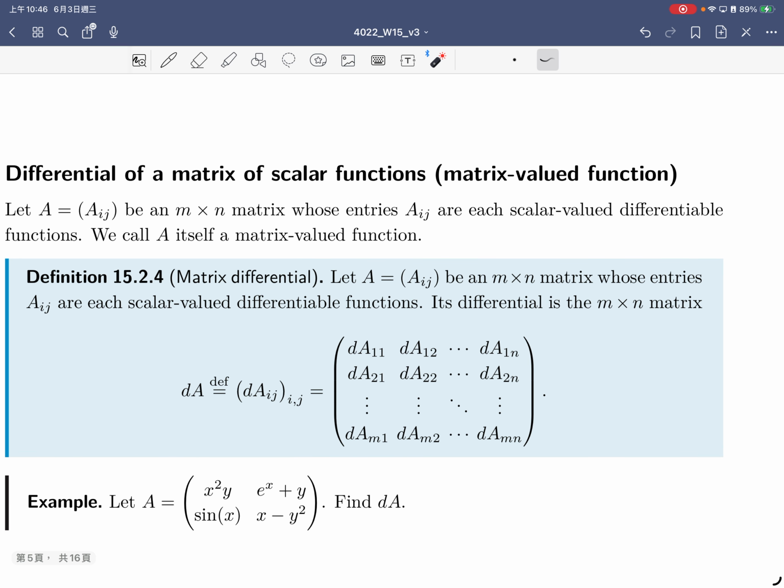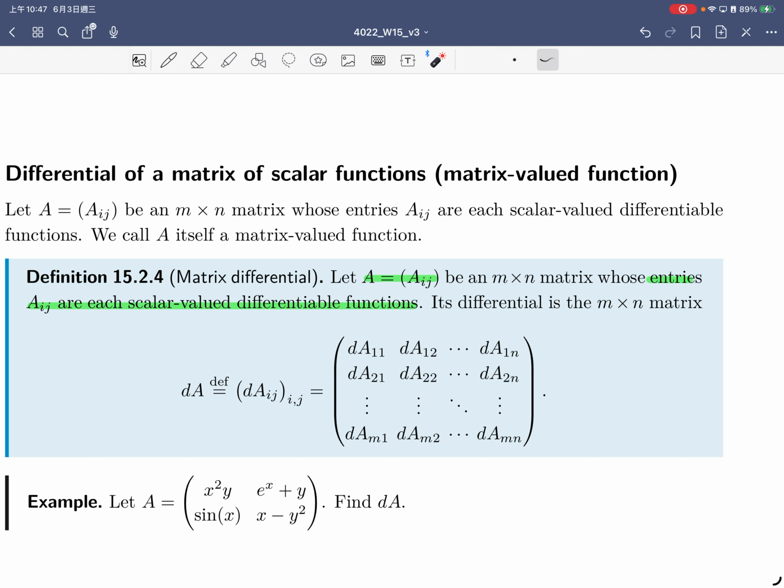So let's have a look, okay? Suppose today you have a matrix A such that each entry Aij is a scalar valued function. So you have a matrix such as this, okay? A is a matrix such that each entry itself is a scalar valued function.